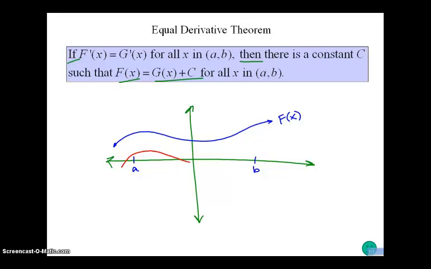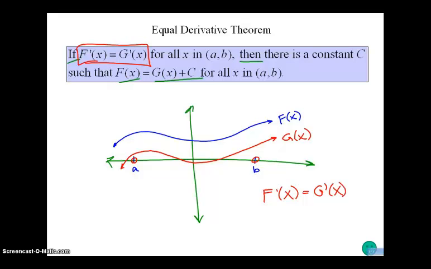But there's one thing that is true about f and g, and that is that the slopes are the same everywhere. I've drawn those such that this is a true statement. For all values on the open interval from a up to b, the slopes everywhere on f are equal to the slopes everywhere on g.